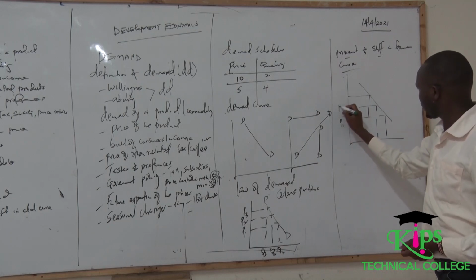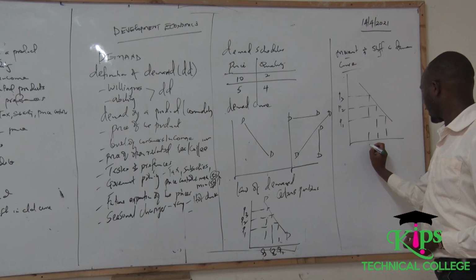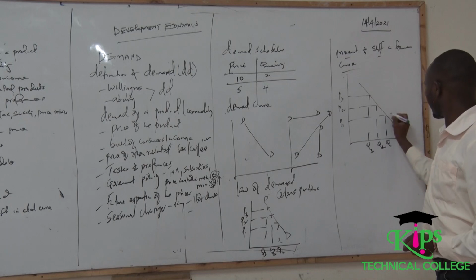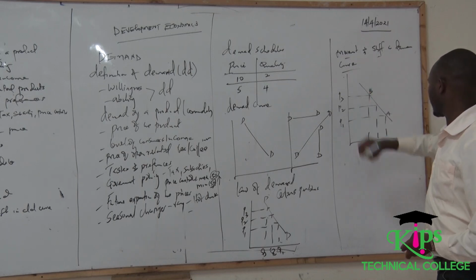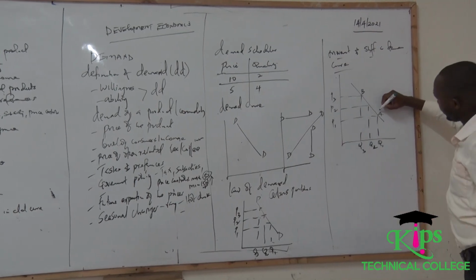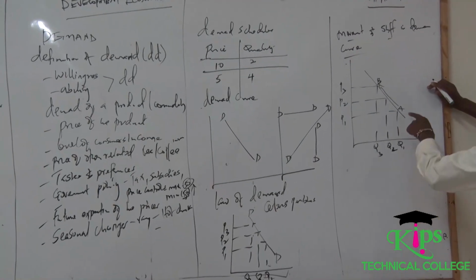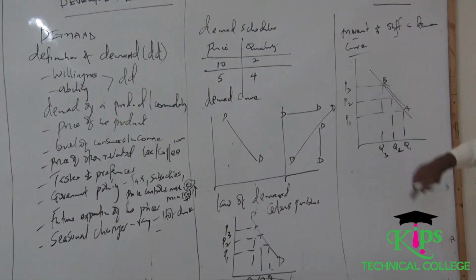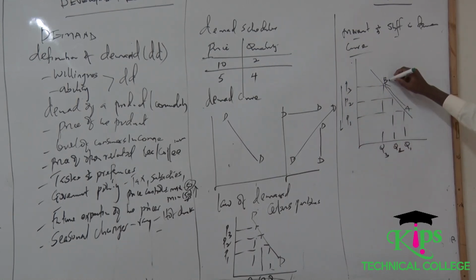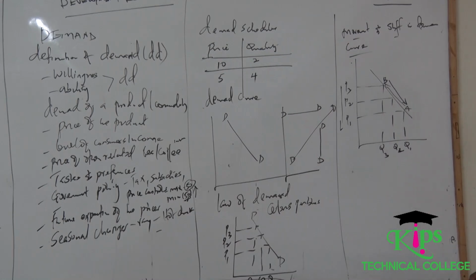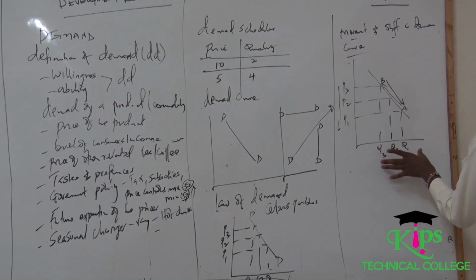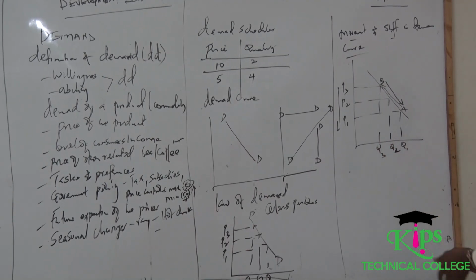This is still P1, P2, and P3, and here you have Q1, Q2, and Q3. At this point, maybe this is A and this is B. As the price increases from P1 to P3, there is a movement along the demand curve, that is, from A to B. The same happens when the price decreases to P1: you have a movement coming downwards. So the price is changing, and the quantity demanded is also changing.